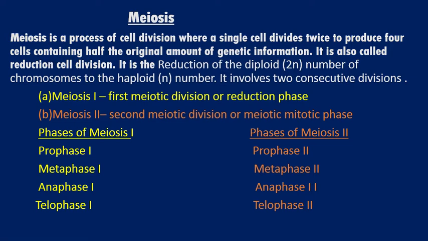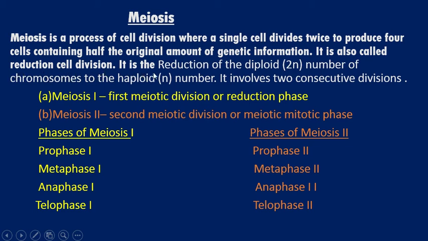So meiosis produces 4 cells and mitosis produces 2 cells, containing half the original amount of the genetic information, like we have done in the previous slide, that 46 comes half from female and half from male. It is also called reduction cell division.